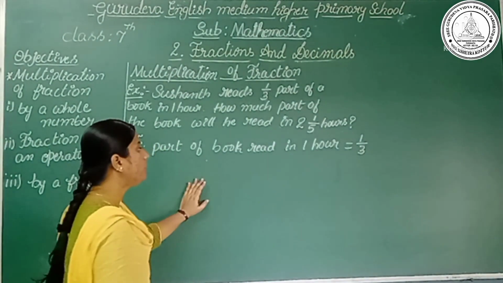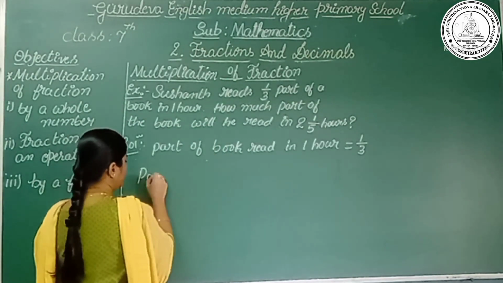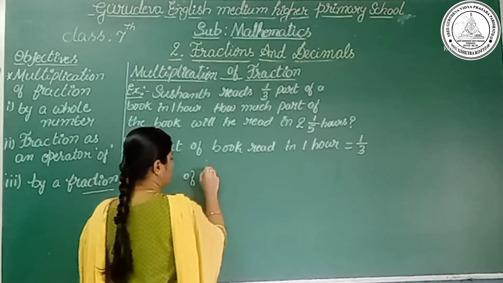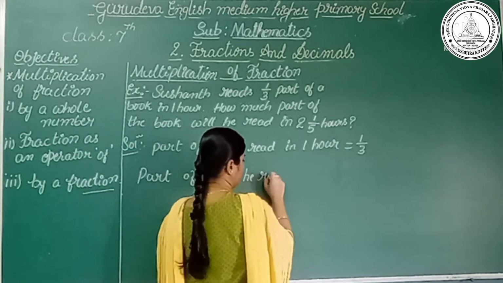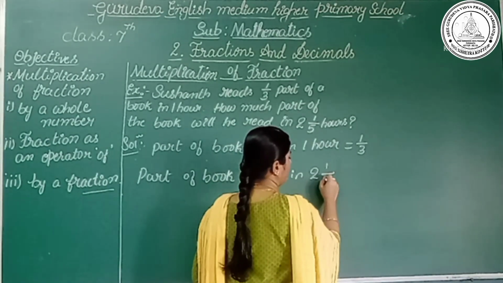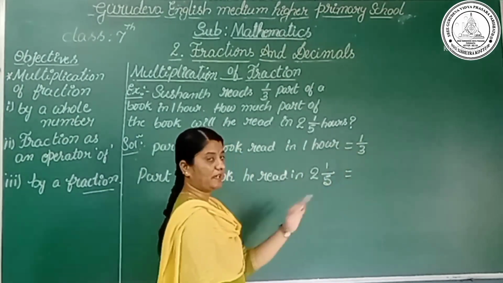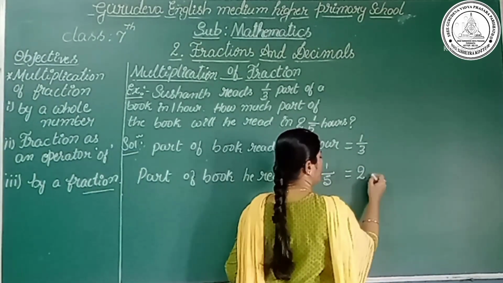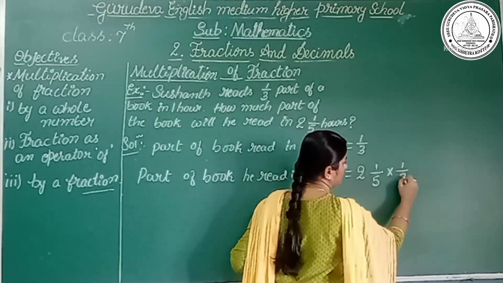And part of the book read in 2 and 1 by 5 hours is equal to how much? We just have to multiply here. So 2 whole 1 by 5 into 1 by 3.